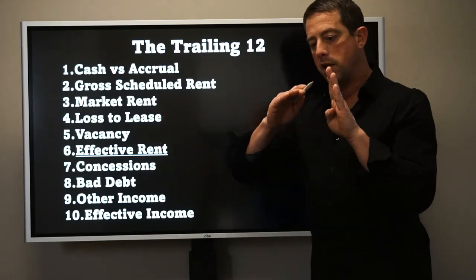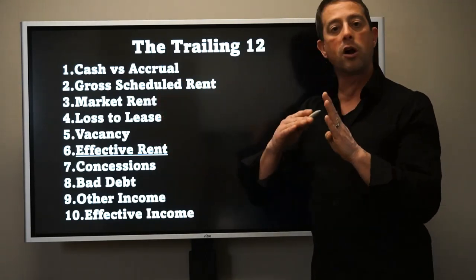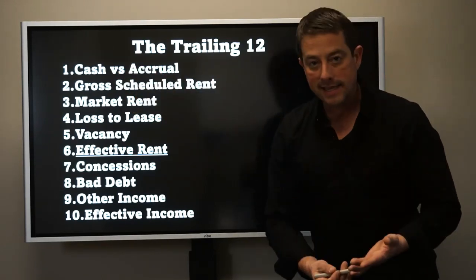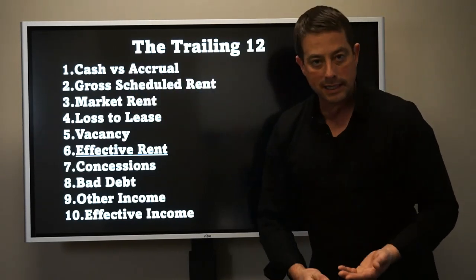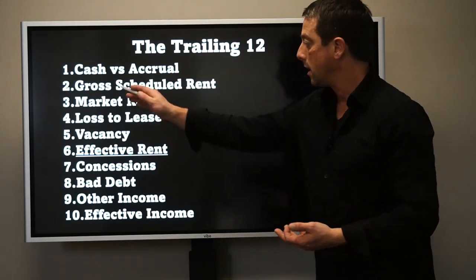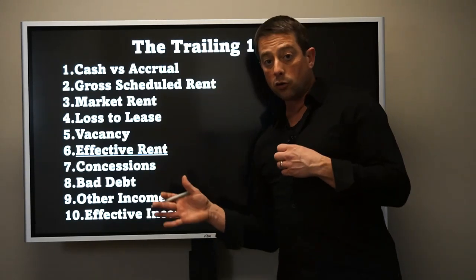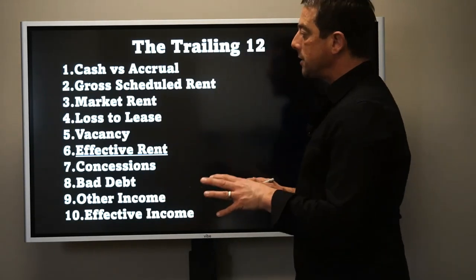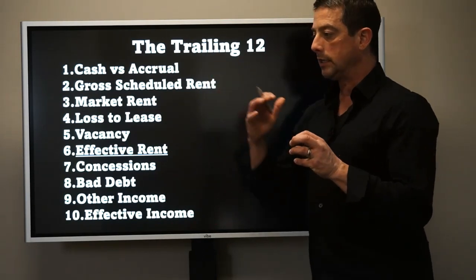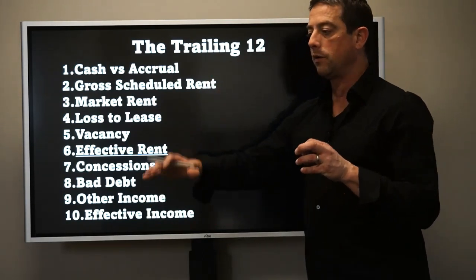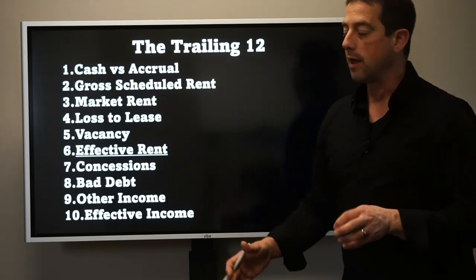And it's just going to be a number that goes all the way across. And then you are not going to have vacancy. You are not going to see loss to lease. You are not going to see some of the other items that we see in an accrual set of books. All right. So cash is going to be, if you collected the rent, you have it there on the T12. If you do not collect the rent, you don't have it.